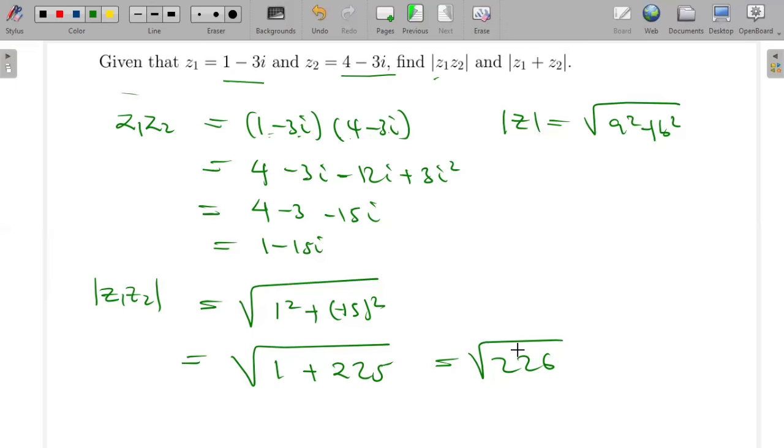Okay, can't seem to get any perfect square. I guess you then just end it here. Since you cannot simplify it further there, but if you can, just find the number that you can divide there, then simplify it further.